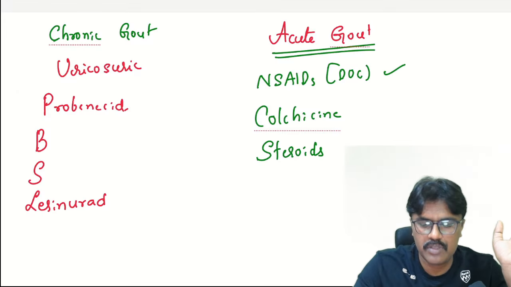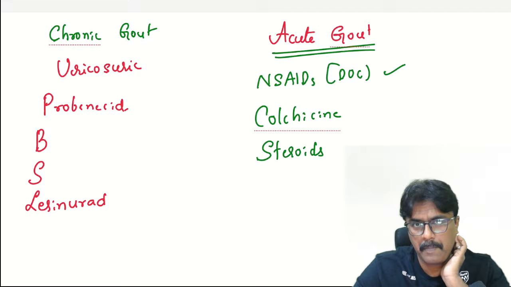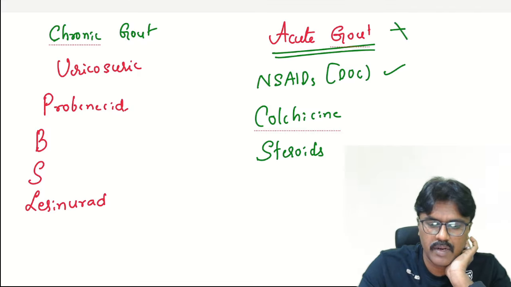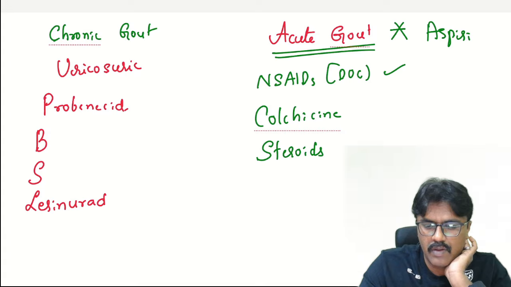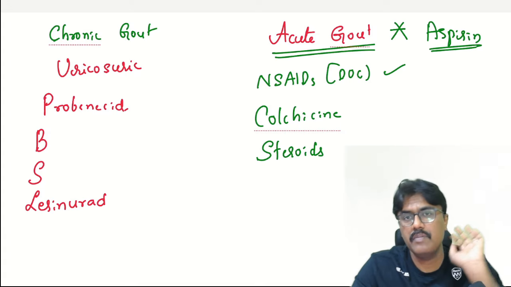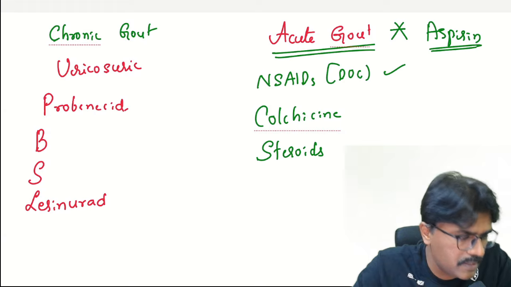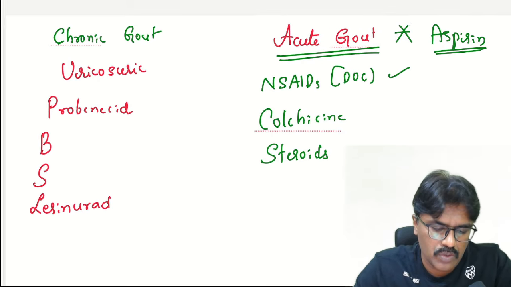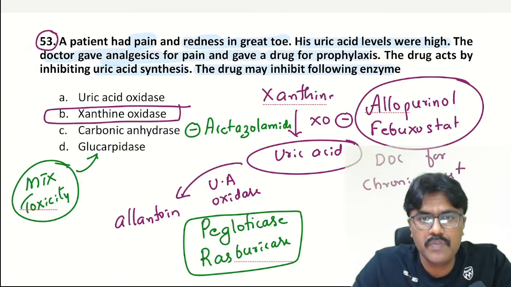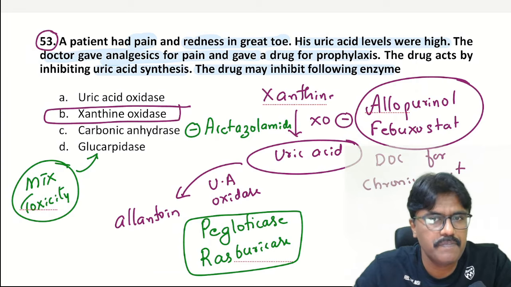So the drug of choice are NSAIDs. But one NSAID is contraindicated in acute gout, and that is aspirin. Why aspirin is contraindicated in acute gout? Because aspirin itself increases uric acid. So we don't give aspirin in this case. So what did we learn from this MCQ? Drugs used to manage gout.